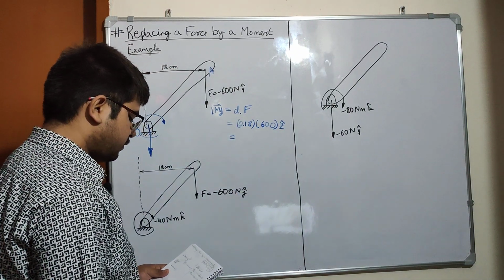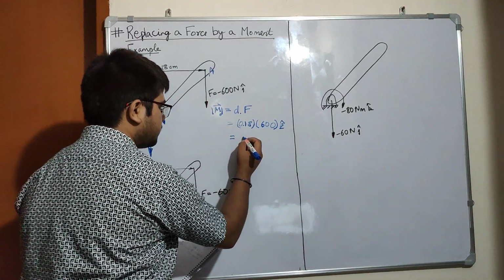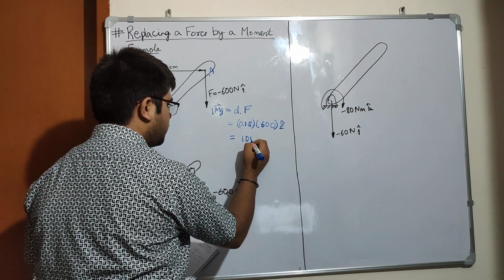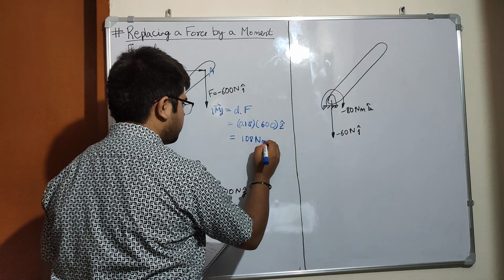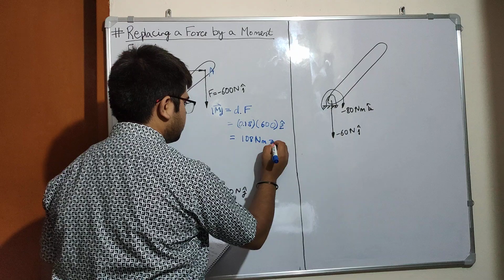So we have M_O equals 108 Newton meter Z cap.